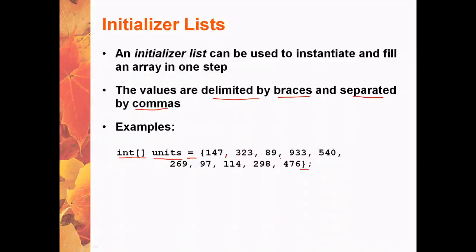This is how you can store values into an array variable at the time of declaration itself. This is called instantiate and fill an array. So, initialization of an array. You can initialize an array by using this particular syntax.